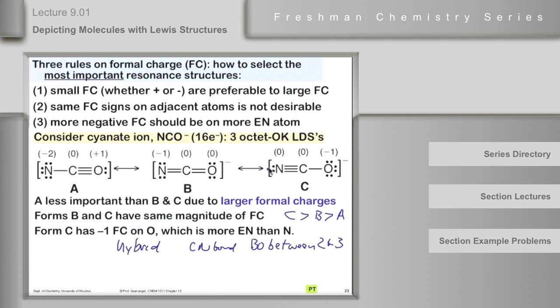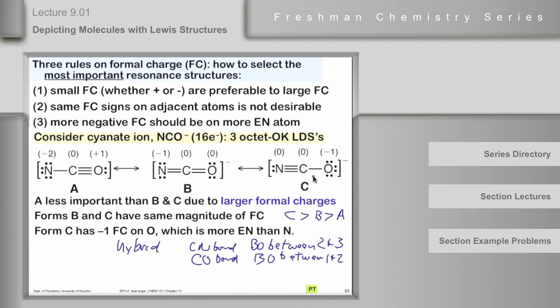So the carbon-nitrogen bond distance, for example, ought to be closer to a triple bond than it is a double bond. And likewise, if you look at the carbon-oxygen bond, the bond order should be between 1 and 2. And therefore, the bond length ought to be somewhere between the typical bond length from Chapter 9 for a carbon-oxygen single bond and a carbon-oxygen double bond, and probably it'll be a little closer to the single bond.